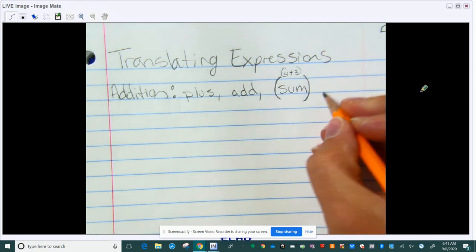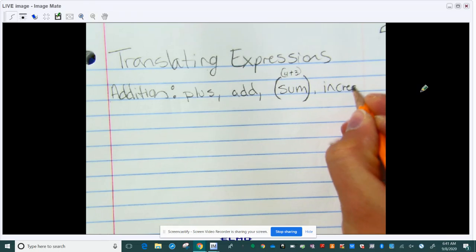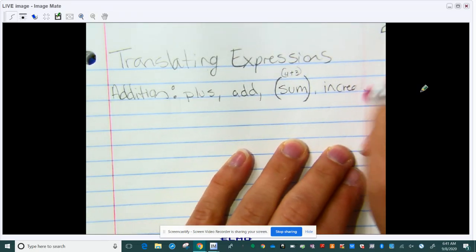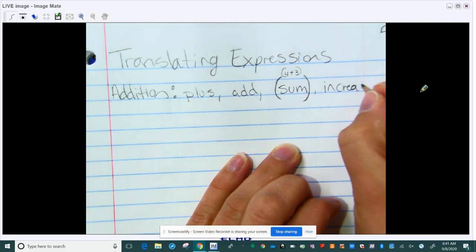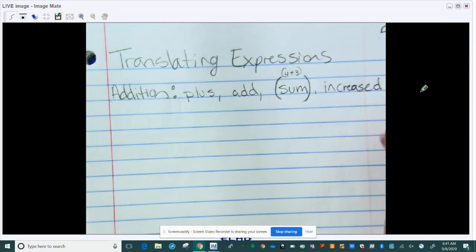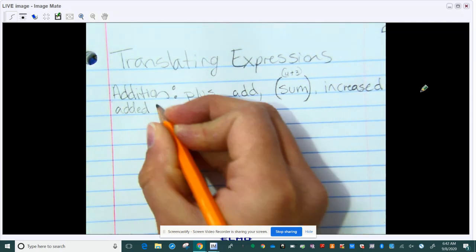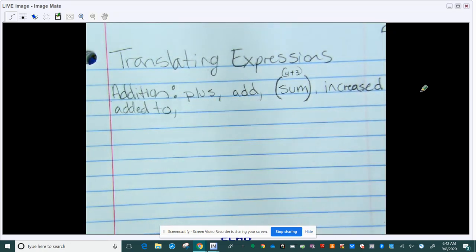We have some other easy ones. We have like increased. Whoa. Spell that correctly. Increased by, added to. And then I saved this one for last because it's weird.